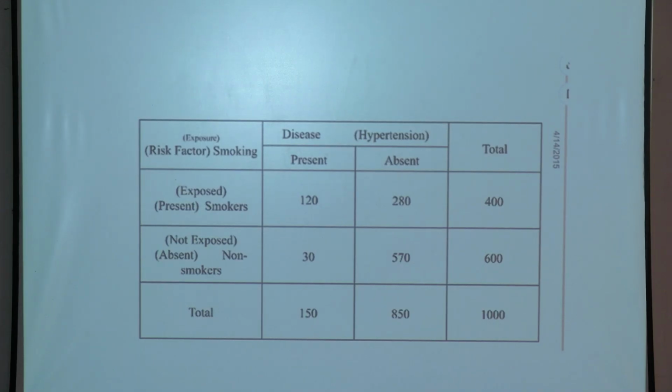No. Let's put it this way: how many people have the disease, how many have hypertension in total? 150. How many are smokers among the 150? 120. How many are non-smokers among the 150? 30. Okay, very good.